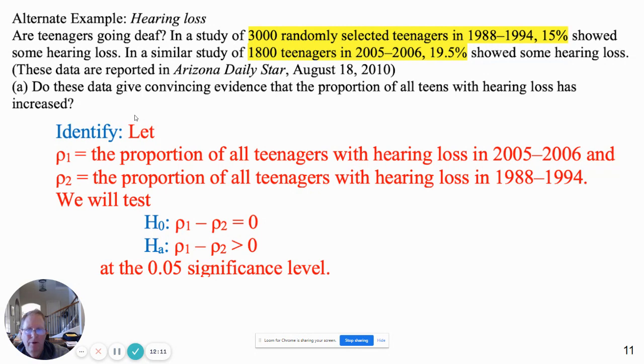So we're looking for whether p1 might be greater than p2. I can state my null as p1 minus p2 equals 0, and my alternative is p1 minus p2 is greater than 0. The problem doesn't give us a significance level, so we're going to default to 0.05.